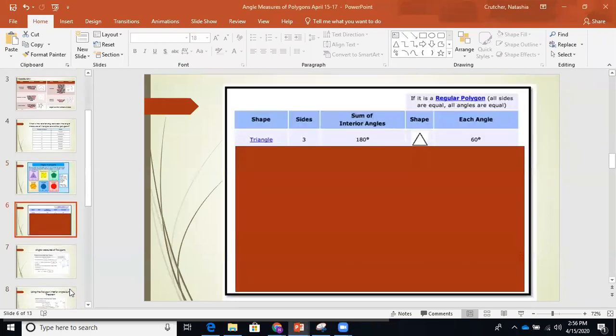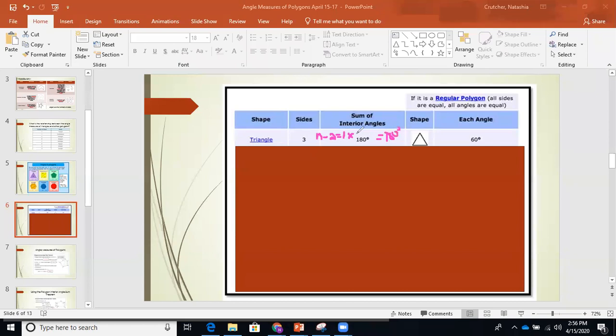All right. So next, we have our chart here with our sum of interior angles. Starting with the triangle, a triangle has 3 sides. So if we do n minus 2, 3 minus 2 is 1. 1 times 180 gives us 180, right?